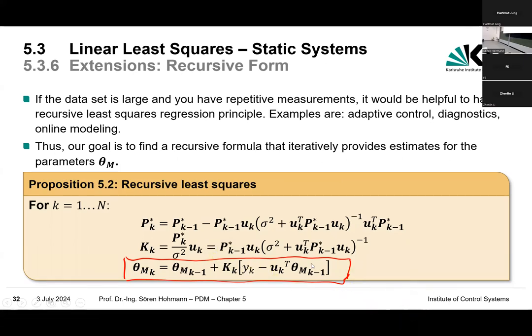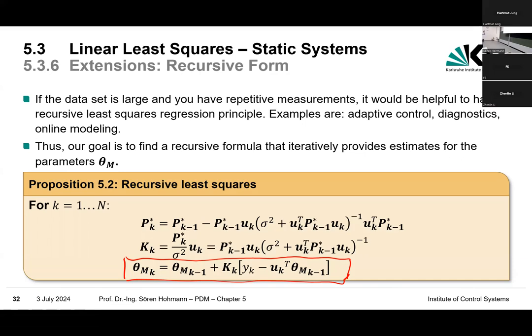That's something which is not so difficult for a microcontroller. And if you remember the Moore-Penrose pseudo inverse, you have to calculate one inverse, which is of dimension p by p. So if you have 50 parameters, you have to invert a 50 by 50 matrix, which is not so funny.